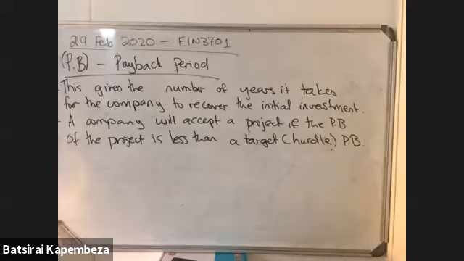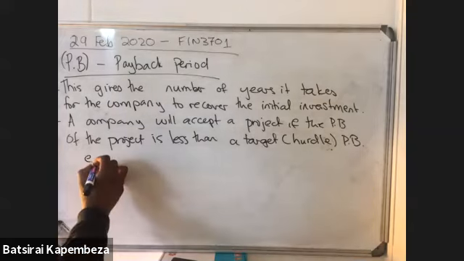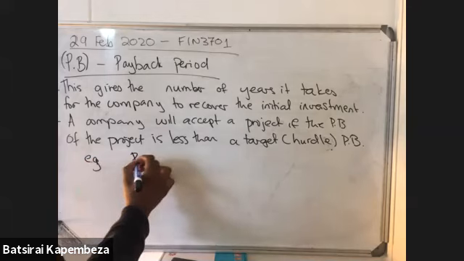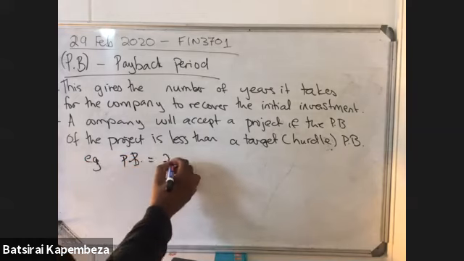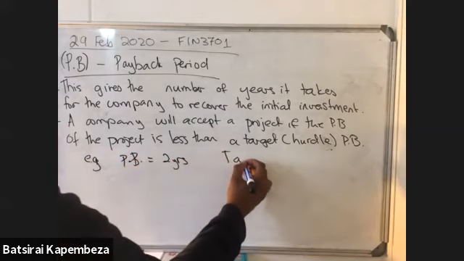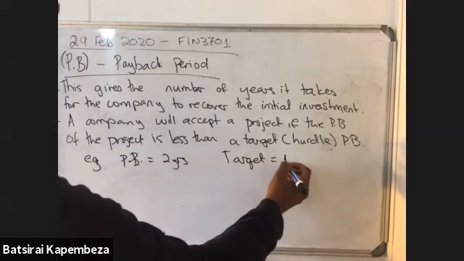So for example, let's say the payback of a project is 2 years and the target for the company is 1 year.